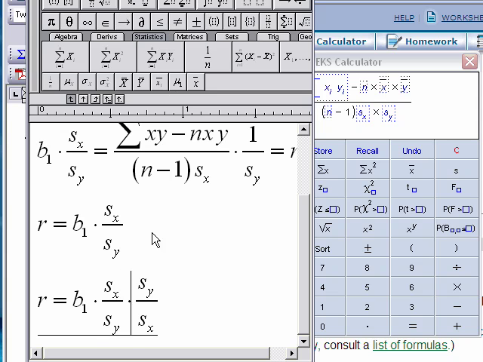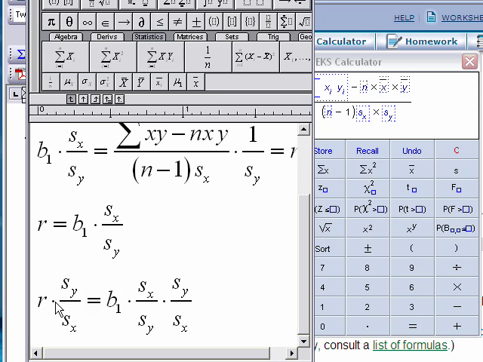So let's multiply both sides by that ratio, excuse me, of s sub y over s sub x. And so when I do that on the right hand side, the s sub x cancels, and so we end up with just b1. And so we have another formula. b1 is r times s sub y over s sub x.